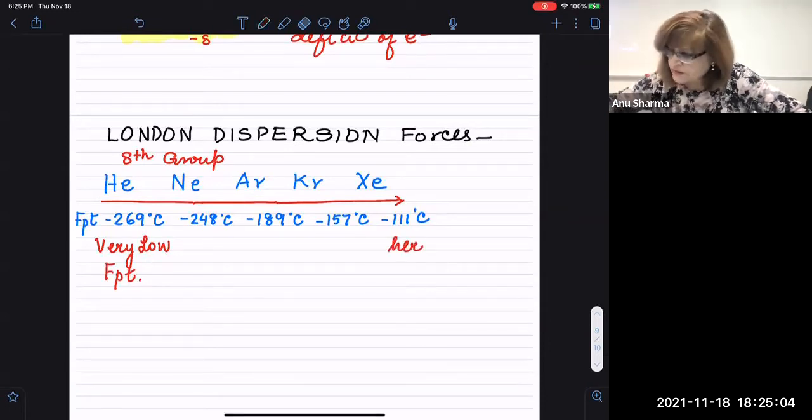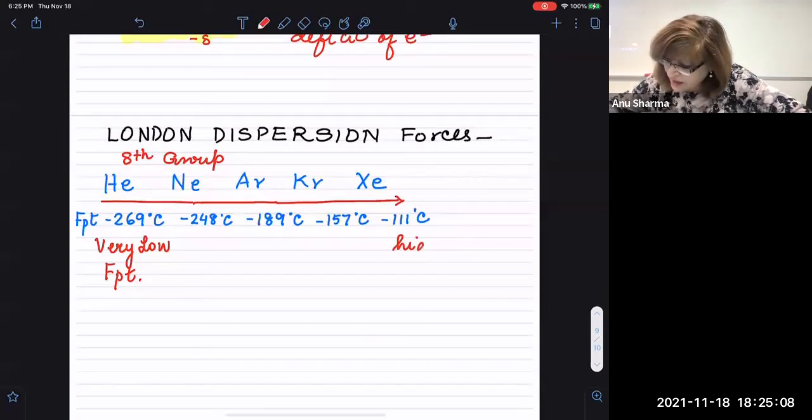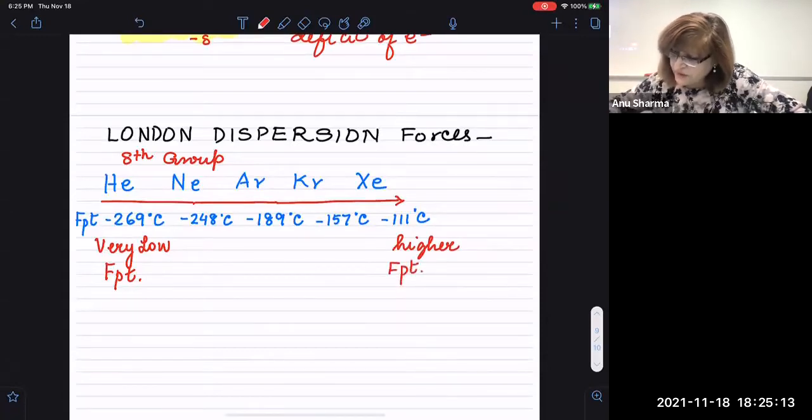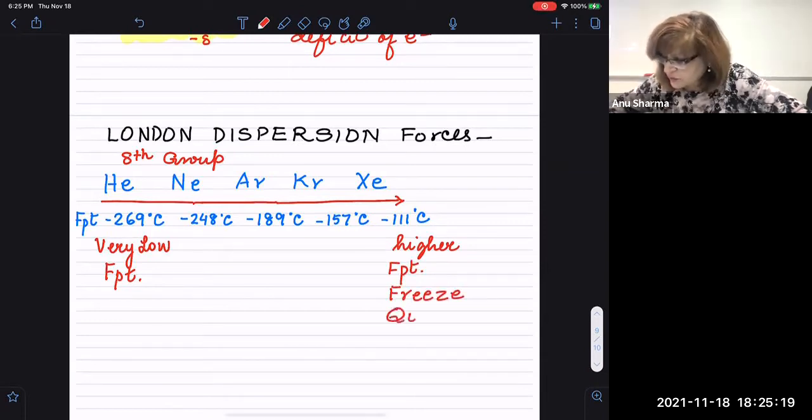It's not even a high number like 111, it's still very low, but it is comparatively higher. So why is that? In other words, xenon will freeze in comparison quickly.